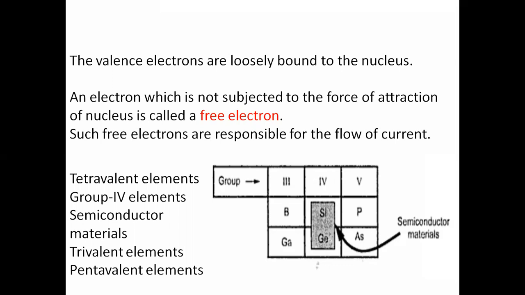The impurities which are added in this process are called dopants. So, we have the doping process, which is the process of adding impurities to intrinsic semiconductors.